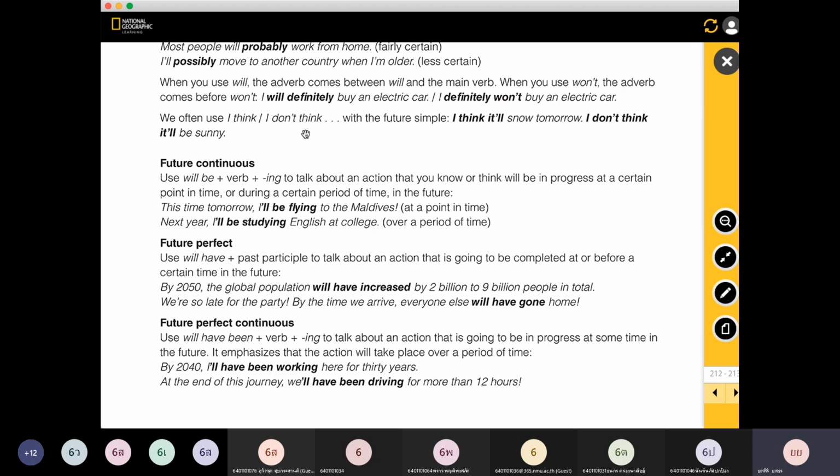Or you can predict the number of electric cars will have increased. Will have increased by what year? In the next 10 years, something like that.